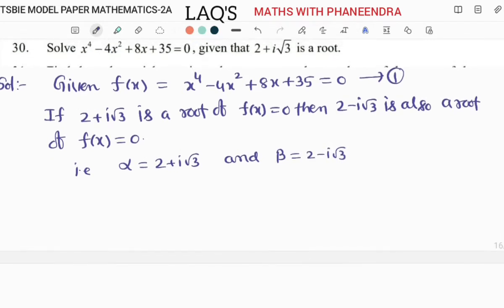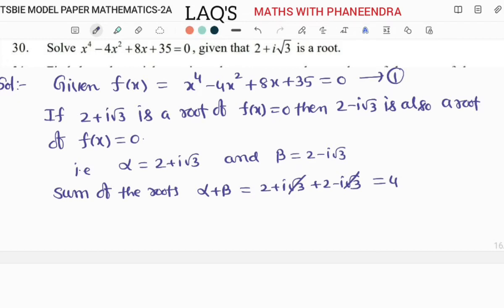Calculate sum and product. Sum of the roots, alpha plus beta, is equal to 2 plus i root 3 plus 2 minus i root 3, that is equal to 4.